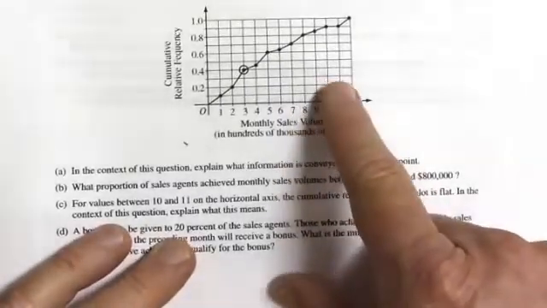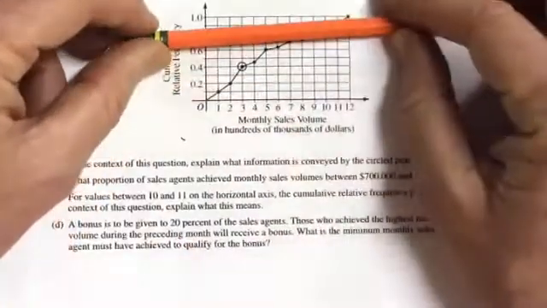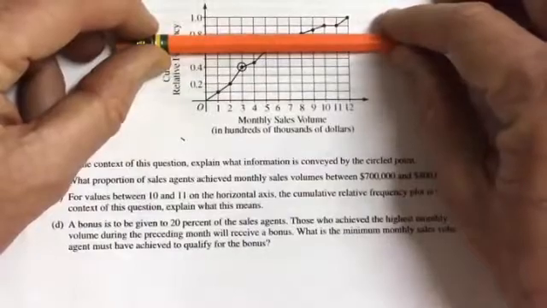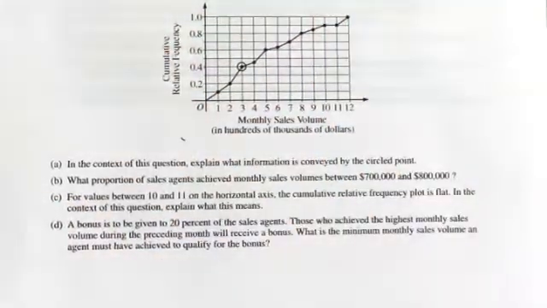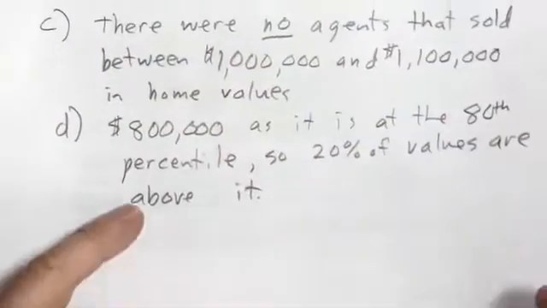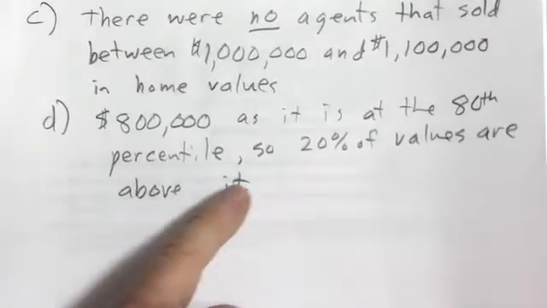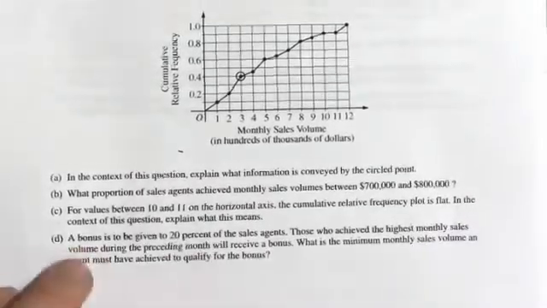Well, the upper 20% means he's got to be at the 80th percentile or above. Well, the 80th percentile, as we've already discussed, is right there, and that goes down to $800,000. So $800,000 or above. So the minimum they could get would be $800,000 to qualify for that. So that means 20% of the values are above it. That's it. That's all there was to number one.